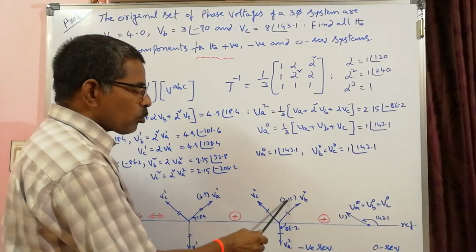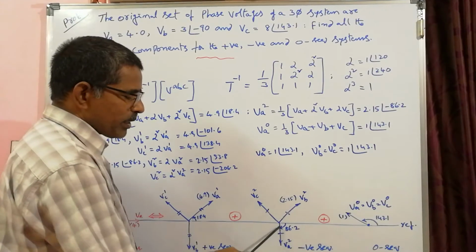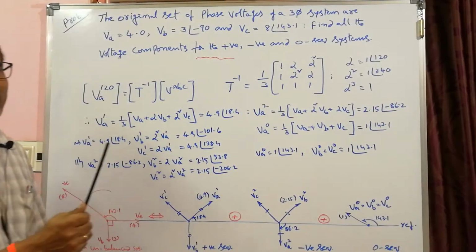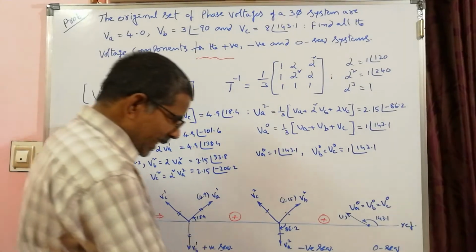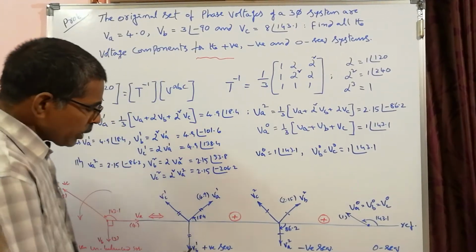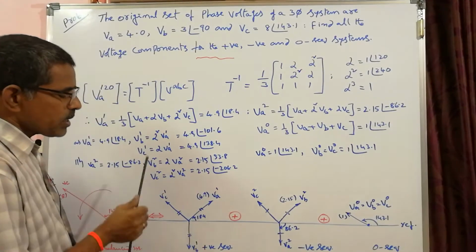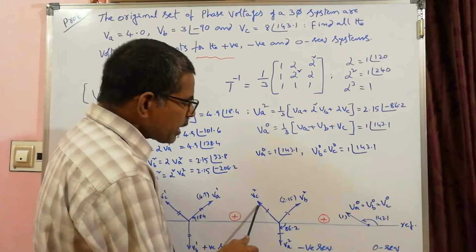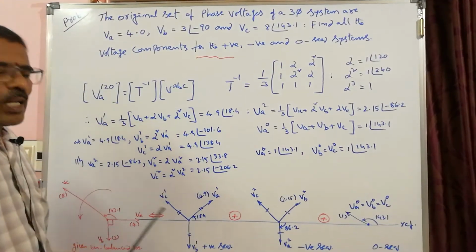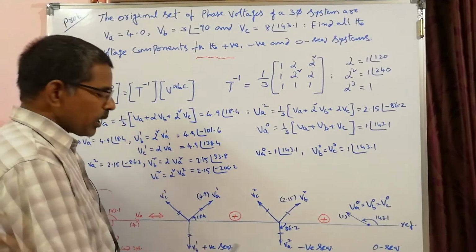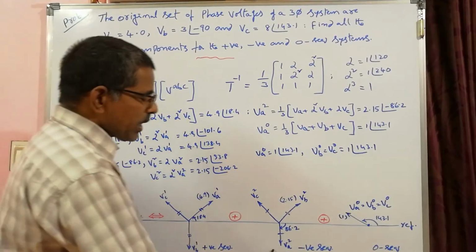Magnitudes are all equal, 2.15, and their interphase angle is also 120 degrees. But this is the negative sequence set. So here ABC is the sequence, here ACB is the sequence. That's why these are called negative sequence. So, positive sequence, negative sequence.